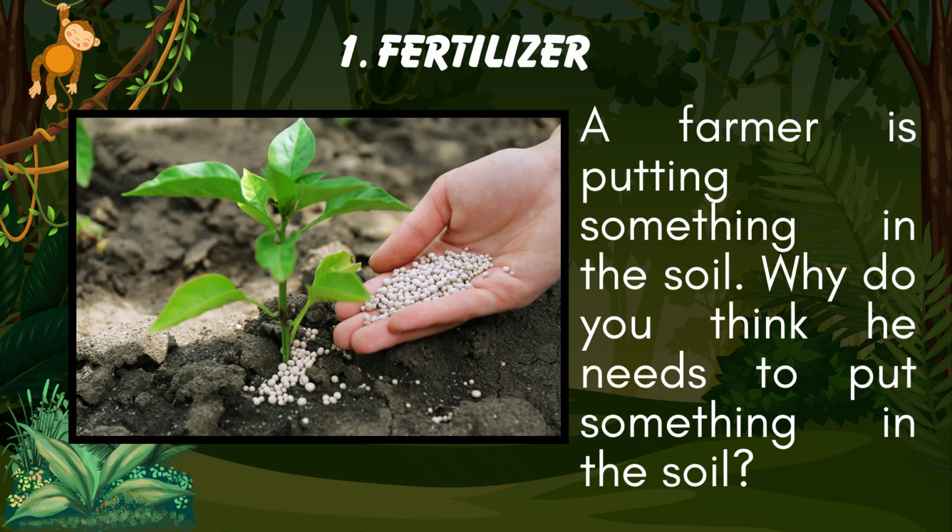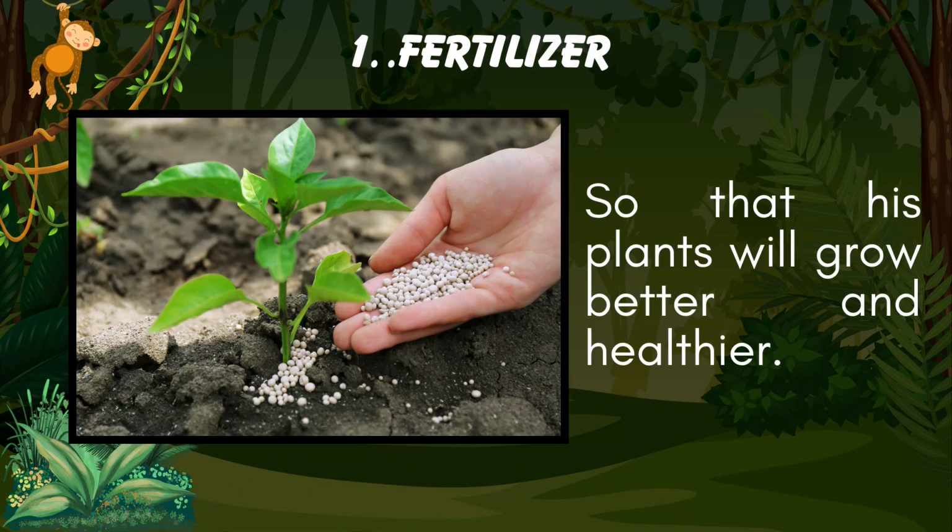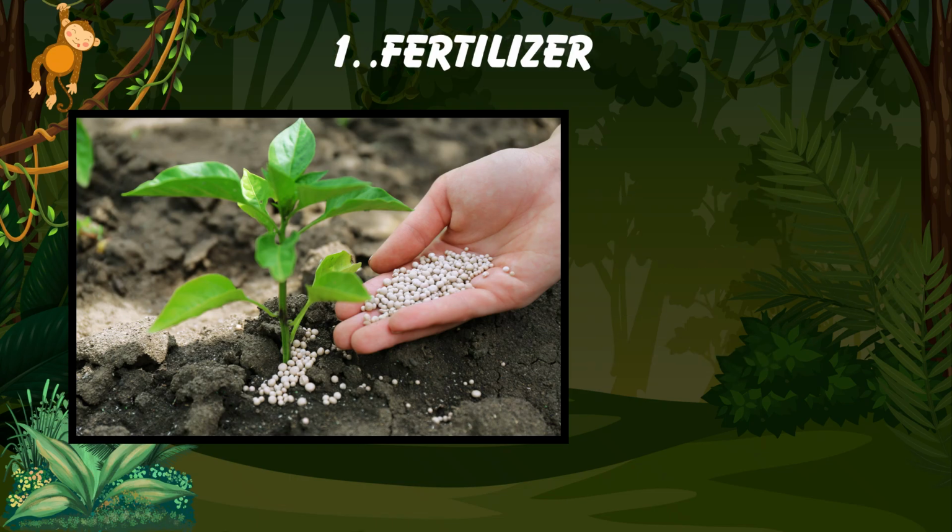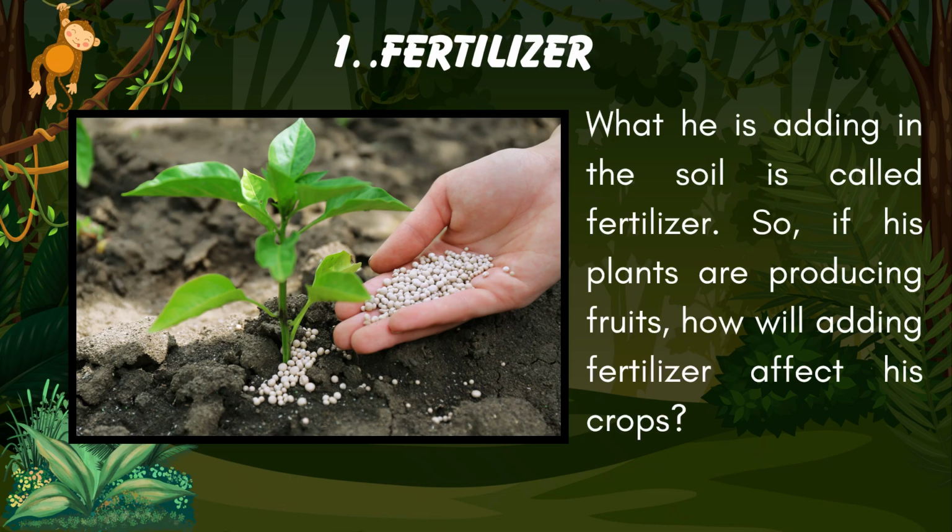Why do you think he needs to put something in the soil? So that his plant will grow better and healthier. What he is adding in the soil is called fertilizer. So if his plants are producing fruit, how will adding fertilizer affect his crops?